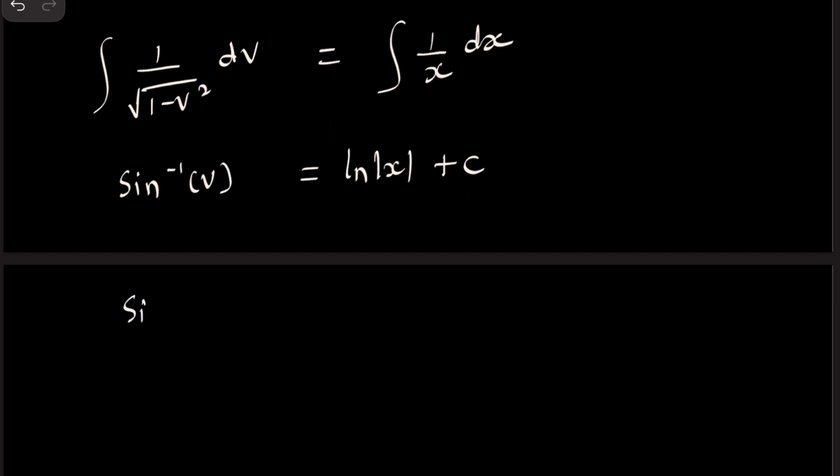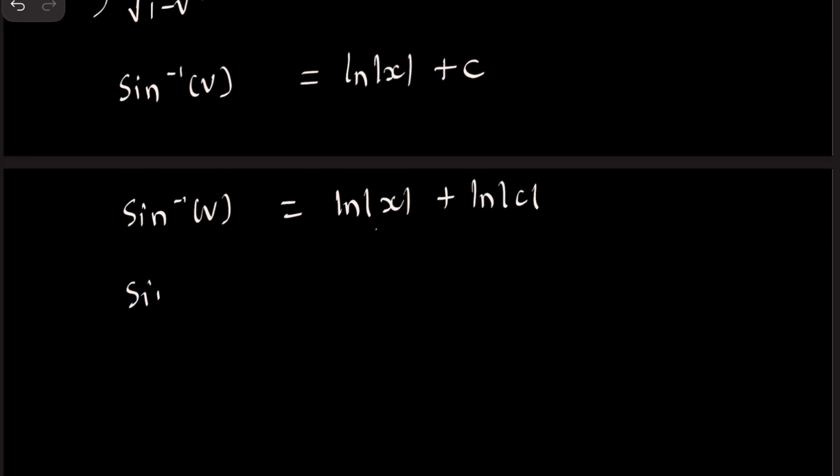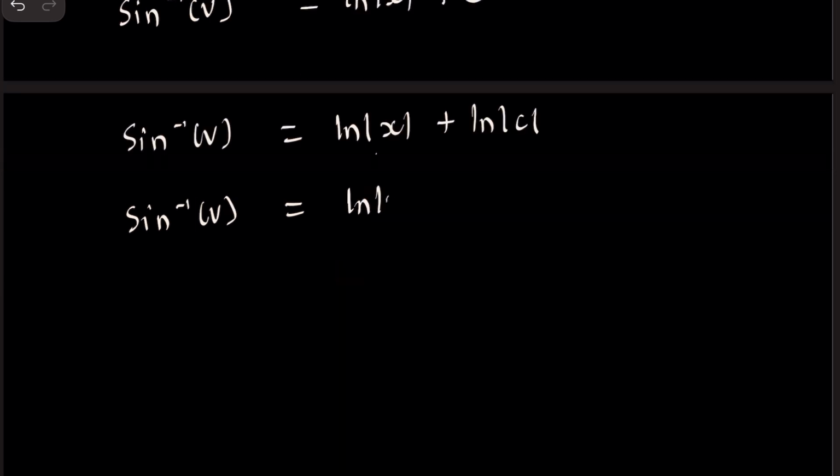So thus we're going to have sine inverse of v is equal to ln of x plus ln of c, because ln of c is still a constant. Thus we're going to have sine inverse of v is equal to ln of x times c.